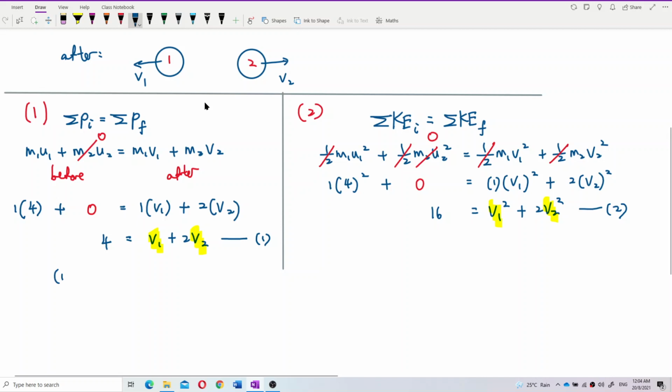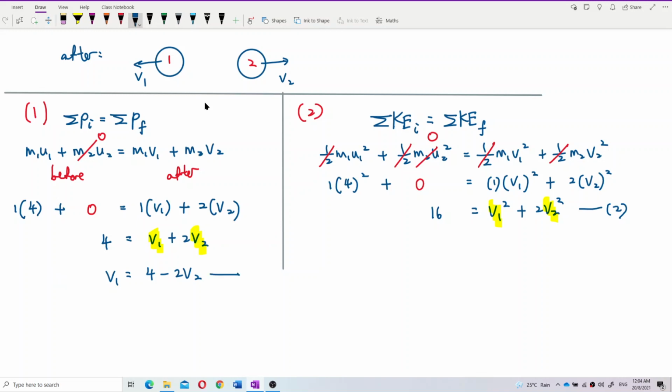From equation 1, just put v1 equal to 4 minus 2 v2.